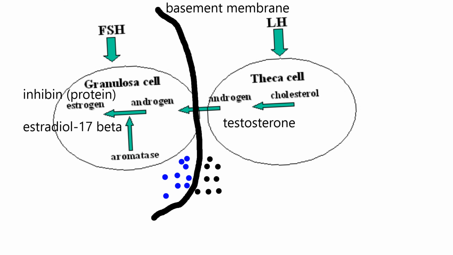Now the other thing, which is kind of neat, is that there are blood vessels out here. Notice where I'm drawing them. I'm drawing blood vessels outside the follicle. So some of the estradiol 17 beta produced inside the follicle by granulosa cells diffuses back out into the blood vessels, and it gets carried all over.